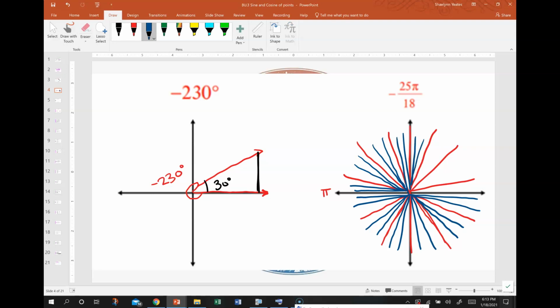So many pieces. We're going to end up counting 25 of these. It's like a little star. Okay, so we're going to rotate negative 25.